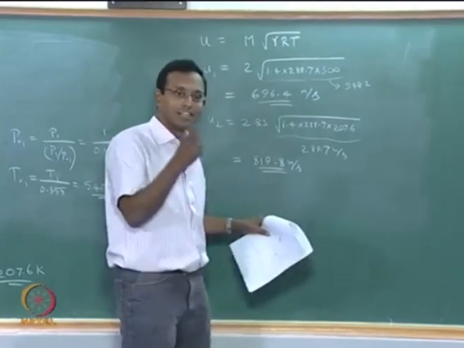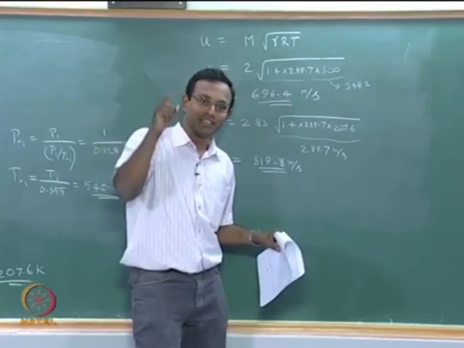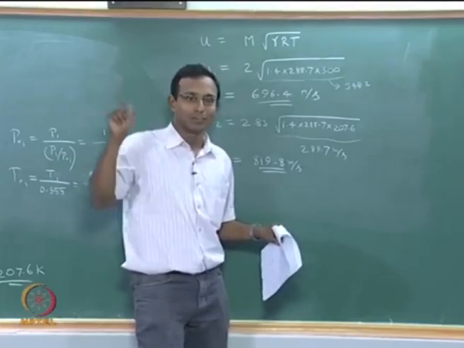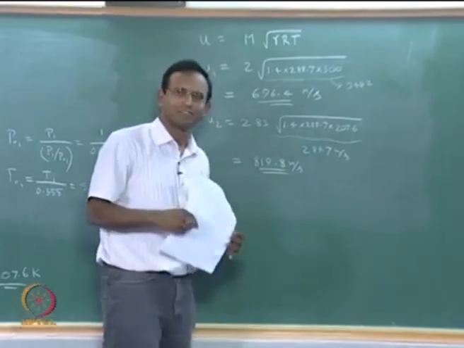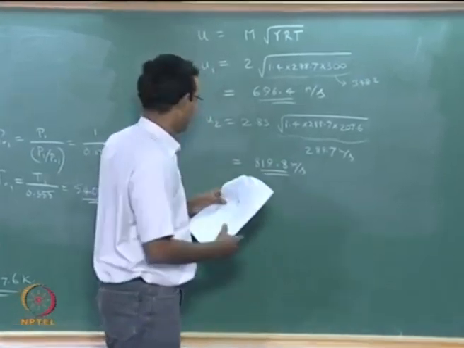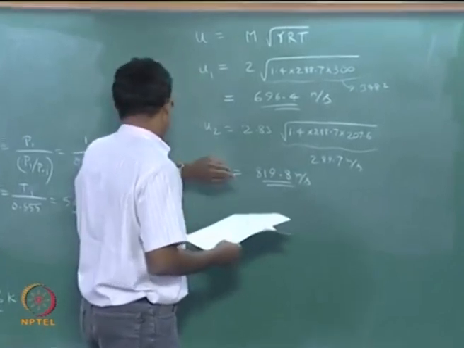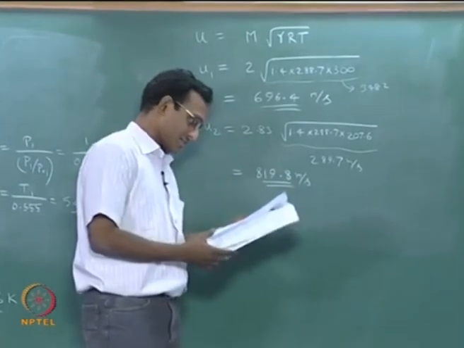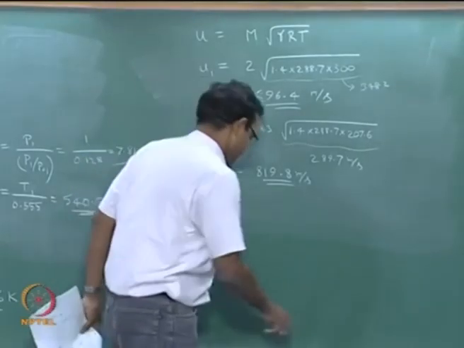T naught equal to T plus U square by 2 Cp we said, and if I put T equal to 0, you will get T naught equal to Vmax square by 2 Cp. That Vmax is what you will reach. Eventually it will go to a steady state. We have seen plots of this also before. Okay. So this is one problem which we have solved like this. I will give you another case, a little more complex version of this.